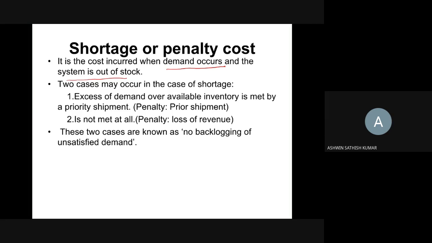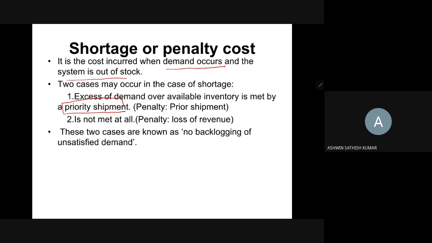We go to the neighbor's shop, bring the item and give it immediately. So in that case, we go to the market and immediately fulfill the demand. Then in that case, it can demand extra money. So here the excess of the demand over the available inventory is met by priority shipment. You don't have to procure at that point of time, but to manage the demand you procure from the neighbor shop or by any other means, through the priority shipment.